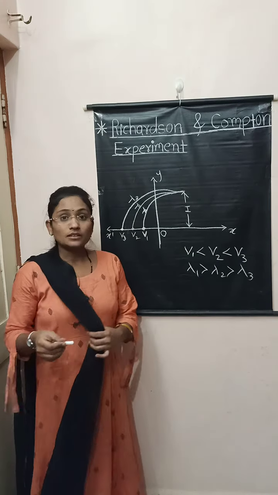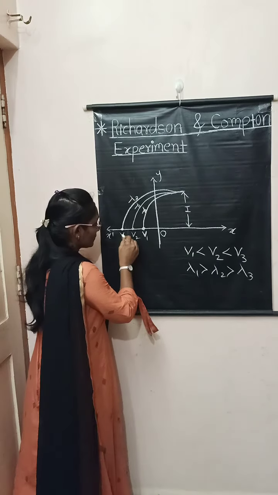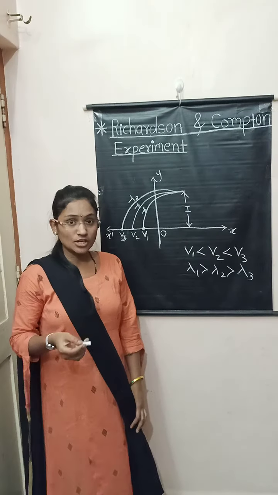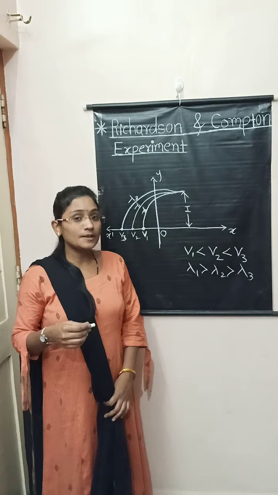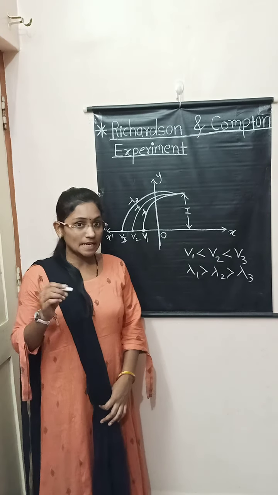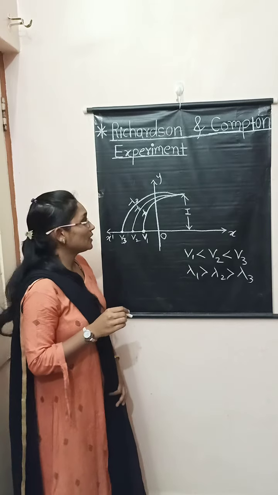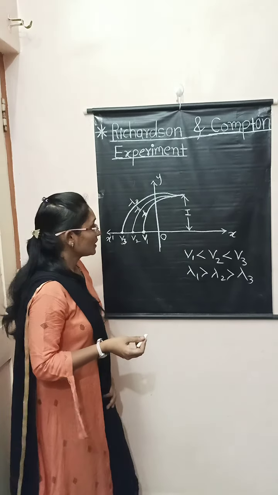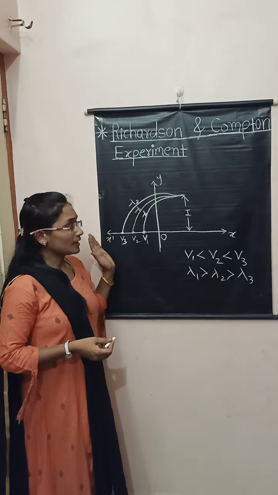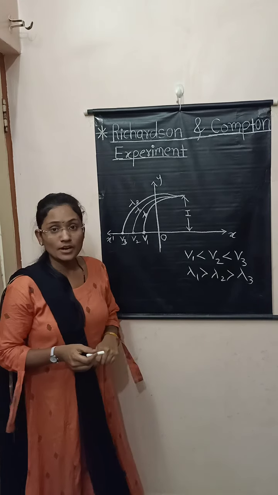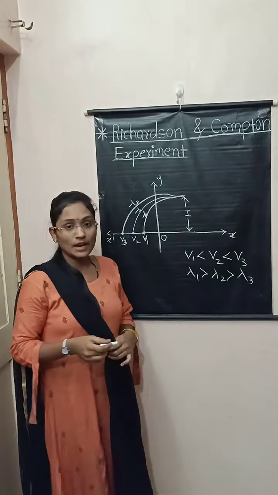That means the kinetic energy or velocity of photoelectrons depends upon the frequency of incident light, but is independent of the intensity of illumination. So this is the graph between the velocity of photoelectrons and frequency of light.